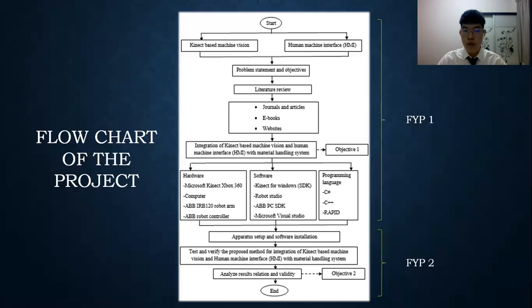For the software, we have Kinect for Windows, Robot Studio, ABB PC SDK, and Microsoft Visual Studio. For the programming languages, we need C#, C++, and Rapid to generate the manipulations.